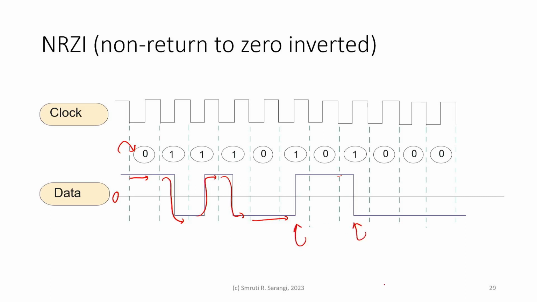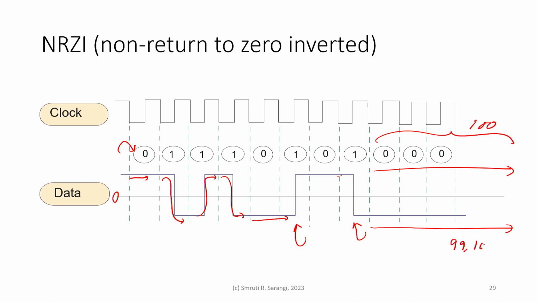Of course, what can be a showstopper is that you could have a bunch of zeros, which means you'll have the same static signal. Let's say I have 100 zeros. What stops the receiver from reading 99 zeros or 101 zeros? This is where you introduce dummy bits: if you have a run of zeros, you force a 1.